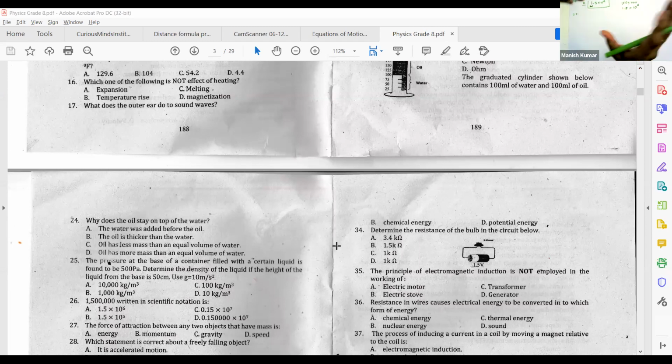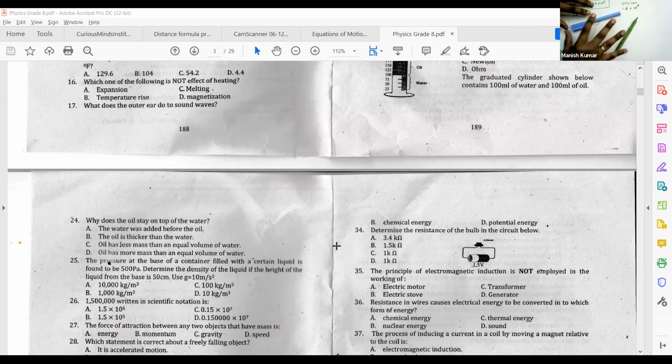Any object in this world attracts any other object. Any two objects in this world attract.